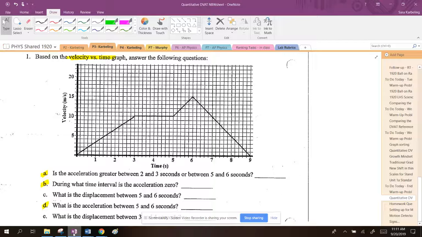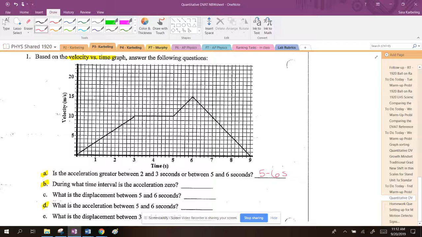Ben, we're going to start with your table over there. On number 1, letter A, it says, is the acceleration greater between 2 and 3 seconds or between 5 and 6 seconds? What'd you guys say? Between 5 and 6 seconds. And the other piece of this that you may or may not have written down before is the why. I would encourage you to write it down because it's a great thing to look at again when you're studying.